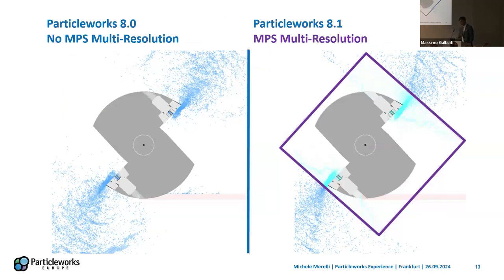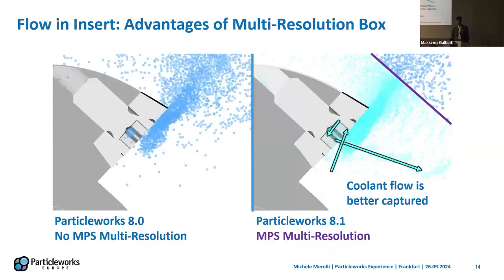One of the first advantages is to introduce a multi-resolution region. We don't need to discretize the fluid everywhere with very small particles. The idea could be to have this violet box, and we can see that particles in that area are smaller, and more specifically, they are able to capture the flow inside the active piece of the tool, and the handle of that element.